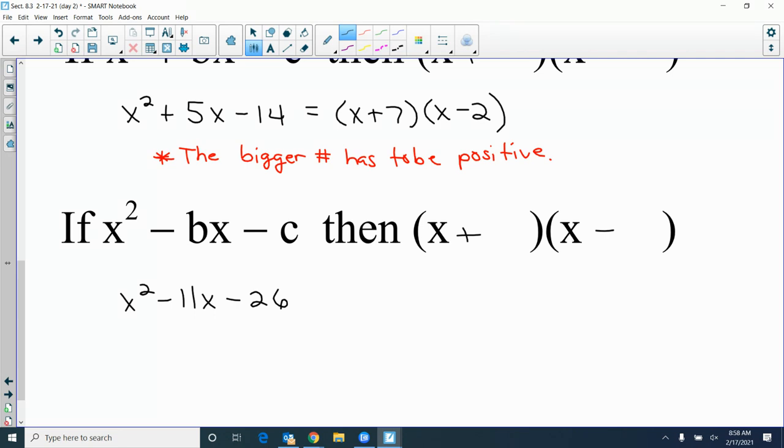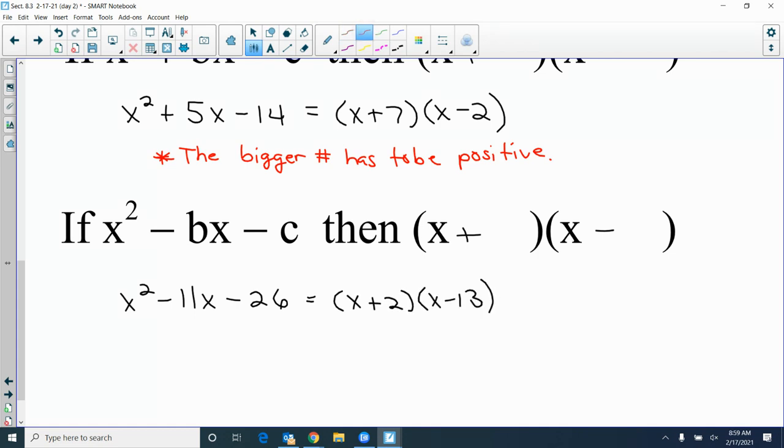Okay, two numbers that multiply to get -26, add to get -11. Oh, that's 2 and -13. So it's going to equal x plus 2, x minus 13.